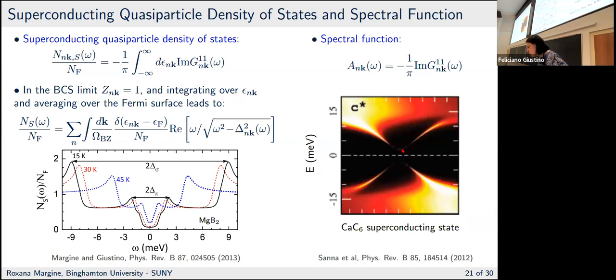So maybe it's not so easily seen, but here this is like this, and this is like this. So this is exactly what I was showing in the beginning in that simple picture of opening a gap in the normal state of a metal. So you can nicely get this if you calculate the spectral function. This is from an old study by Sanna and Gross's group on calcium C6.